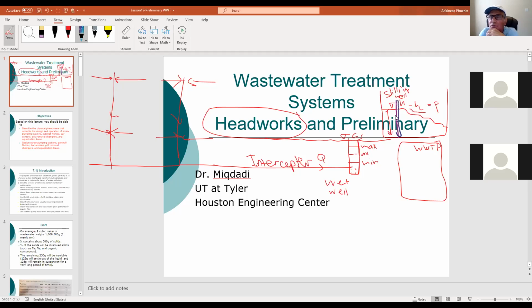Let's say it flows from here, so this is going to be your bar screen. That's to remove any debris and big objects that otherwise would cause harm to your equipment, pipes, gates, and other things. So you remove this debris. This is also part of the whole headworks.